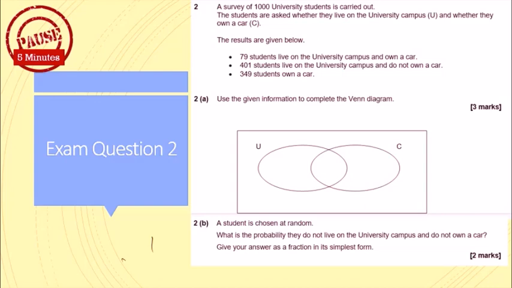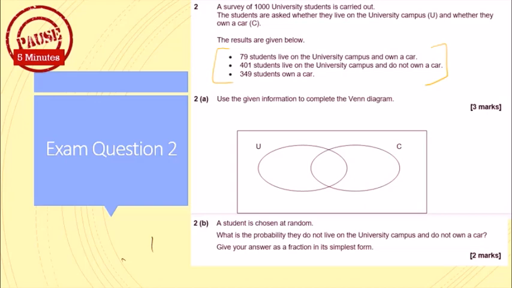Right, brilliant. Okay, so well done for giving that a go. So using the key information in that question, I can fill out and complete that Venn diagram for 3 marks. Easy 3 marks. 79 students live on the university campus and own a car.